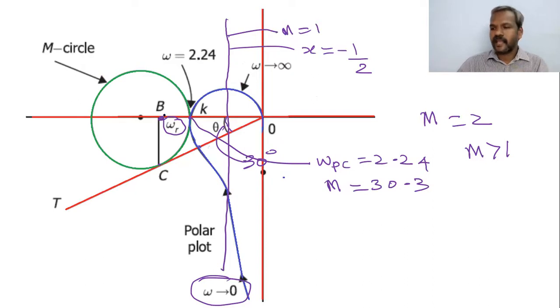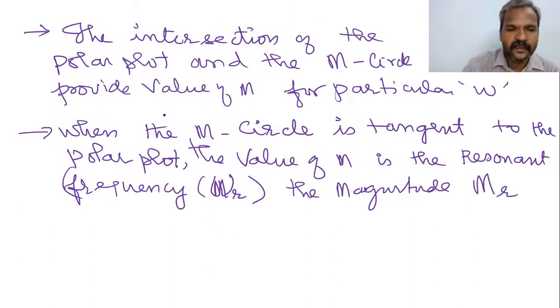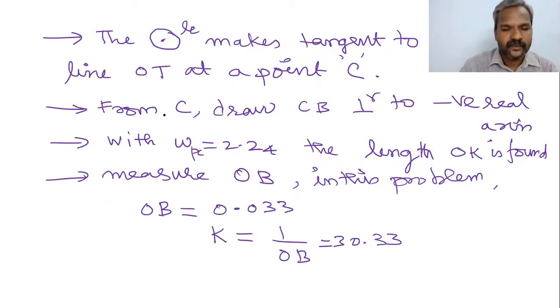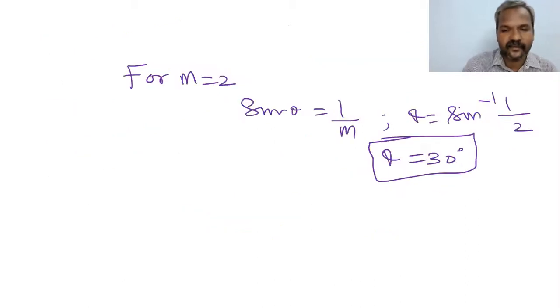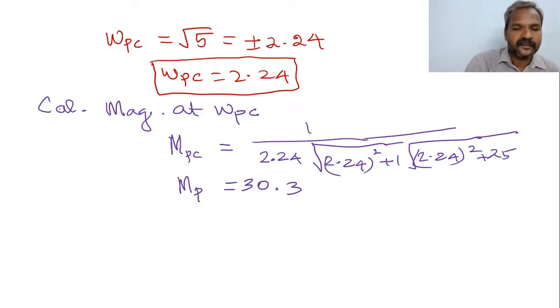So the gain K equals 1 by OB, right? Why is it 1 by OB? You see here, 1 is the assumed value, and OB is the length, the magnitude obtained. This is the OB value.